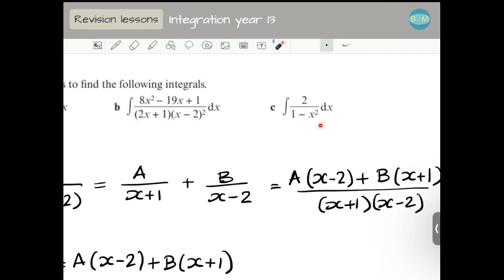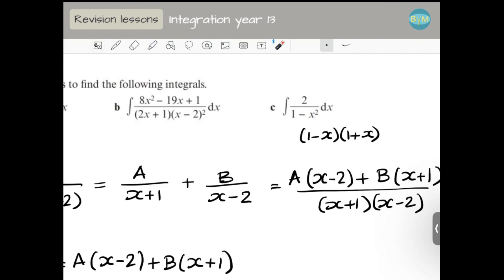Write partial fractions. This one is going to be x squared. Sometimes it's x cubed, but very unlikely. So it's something in x squared that you can factorize more or less easily. It's not going to be a quadratic that needs the quadratic formula or anything very strange, so it's going to be easy and not very difficult to spot.